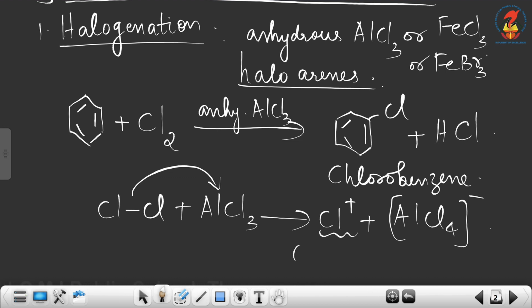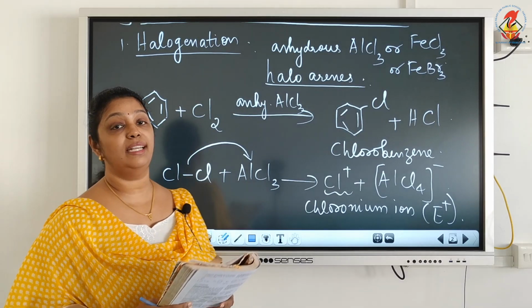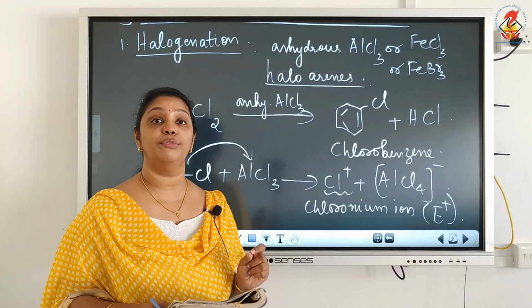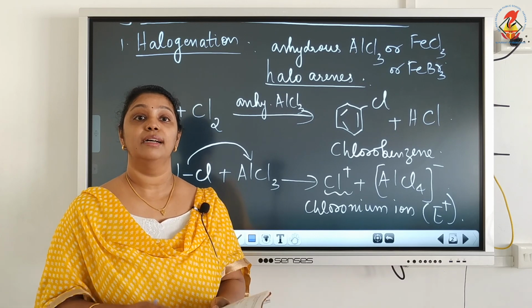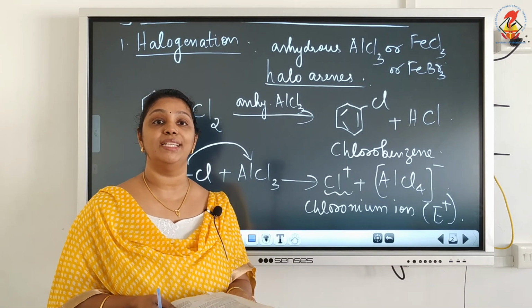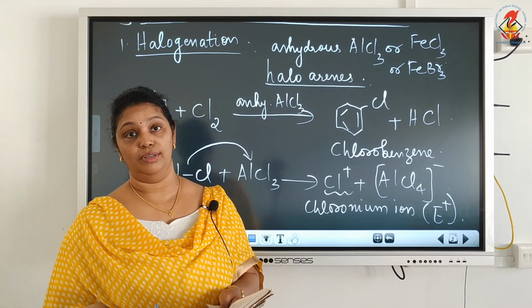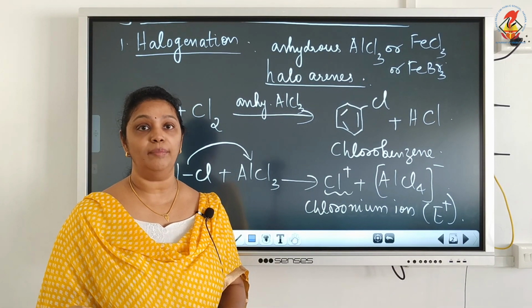The Cl plus is known as the chloronium ion, which acts as our electrophile, and we get chlorobenzene as the product. So the electrophile in halogenation of benzene is the halonium ion. If it is chlorination, it is the chloronium ion.